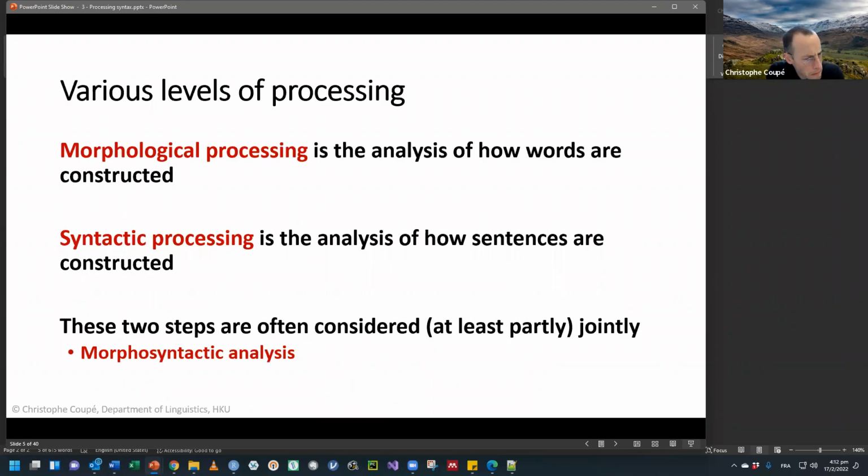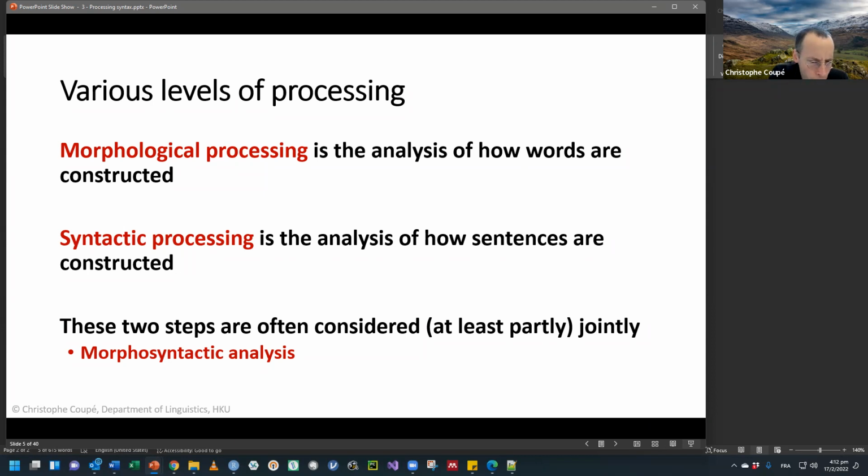So I've shown you various levels of processing. And in particular, you have what we call morphological processing and syntactic processing. The first one, the former, is the analysis of how words are constructed, the components of words, what we call morphemes, but I'm going to tell you about that in some minutes. And then we have syntactic processing, and that's the analysis of how sentences are constructed.